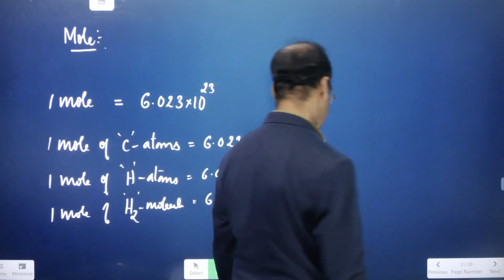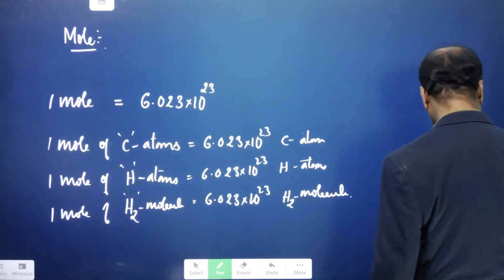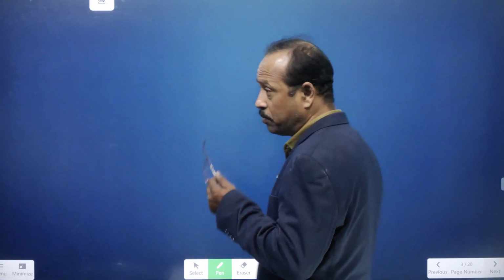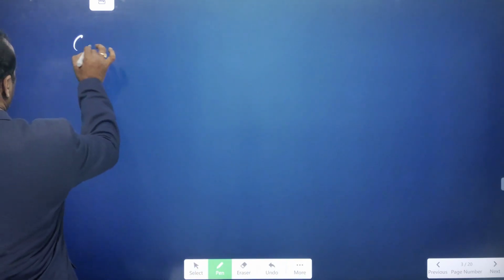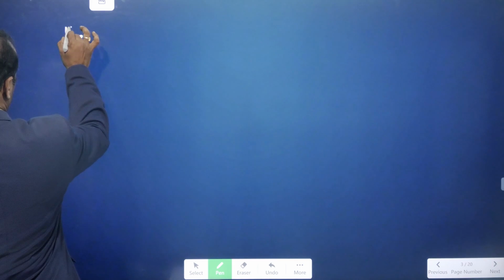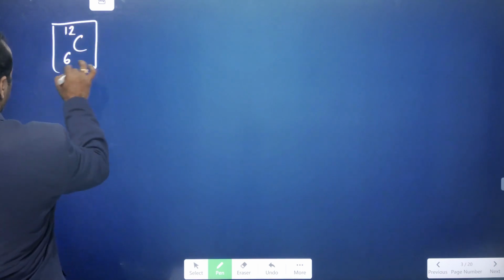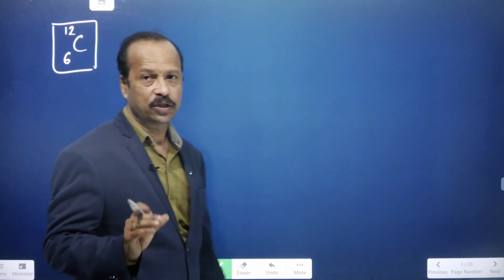So here, students, already in the previous class we discussed the atomic mass unit. To measure the atomic mass unit, carbon is taken as a standard, right? The carbon isotope of 12, carbon 6, 12. This carbon is taken as a unit to measure the atomic mass, right?